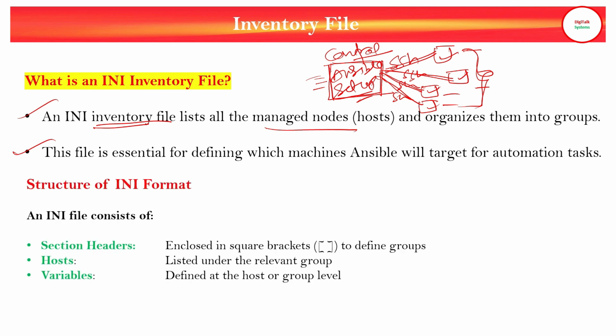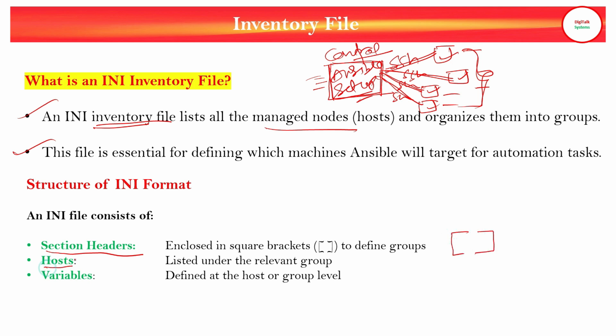When we create the entries in a particular inventory file, we have to follow some standard, which means there is a predefined structure. The structure is very straightforward. The first is the section header, which starts with brackets.